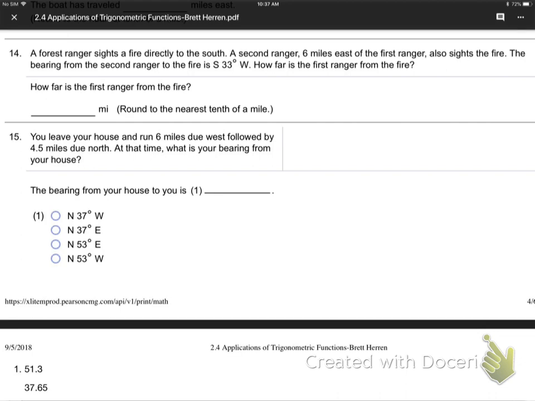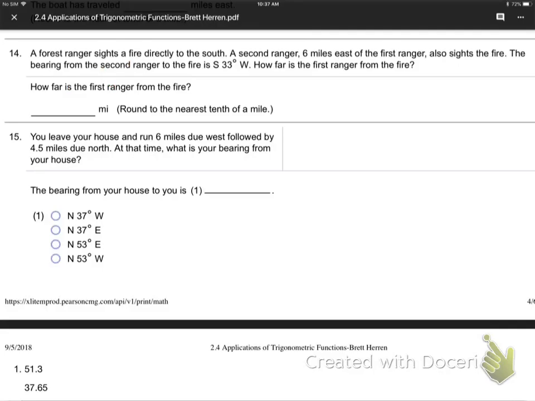Okay, so let me try to summarize those words and write them larger for you. Forest ranger sights a fire directly south.